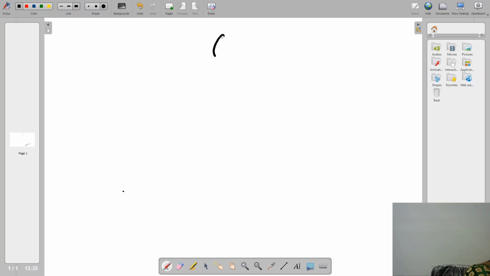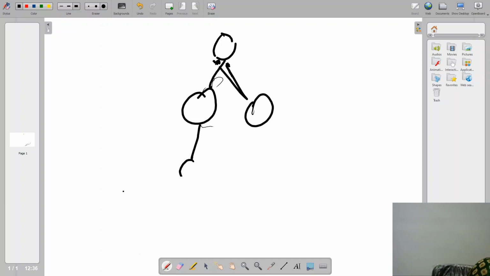See here, I am taking a node here, and then I am taking another one. It is a simple example I am giving, so you can understand.